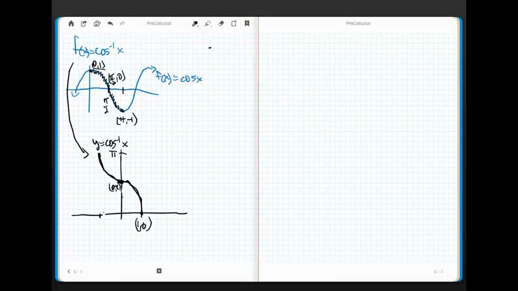You see how this is a reflection of this function right here across y equals x. Now, that's it. For exactly the same reason that we couldn't wrap, I often have students say, well, Ripley, why don't we wrap this part? And why don't we wrap this part? Because if I do that, I'm going to wrap over here and wrap over here, and I lose my function because I failed the vertical line test.